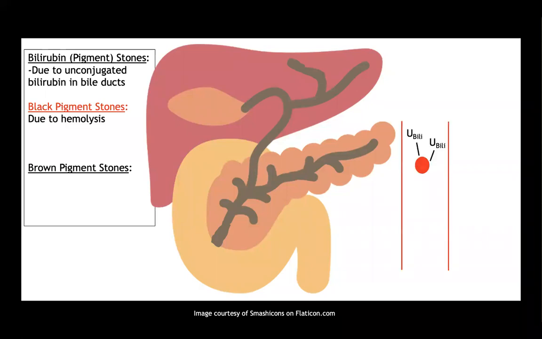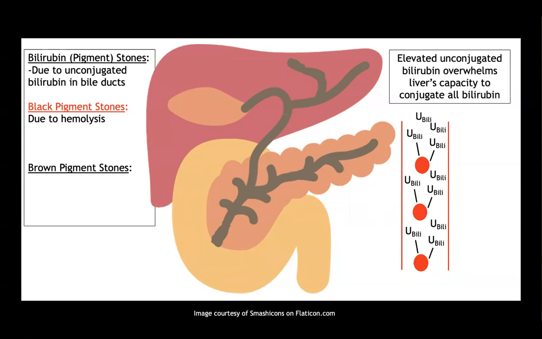So if we have our red blood cells, imagine most of the time, any broken down unconjugated bilirubin will be converted to conjugated bilirubin. And so we don't have any risk of bilirubin gallstones in this case. However, if you have a ton of red blood cells that are all dying, they're just releasing a vast amount of unconjugated bilirubin.